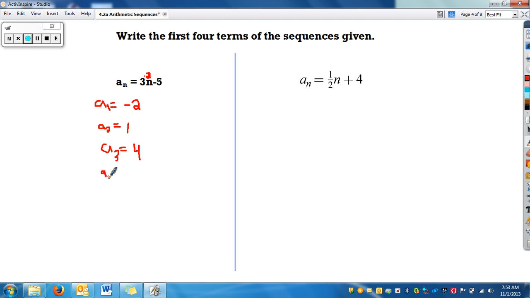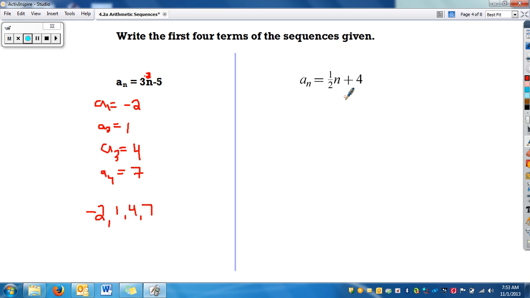And lastly, a sub 4, which would make my fourth term. 3 times 4 is 12, minus 5 is 7. So my first 4 terms of the sequence are -2, 1, 4, and 7.